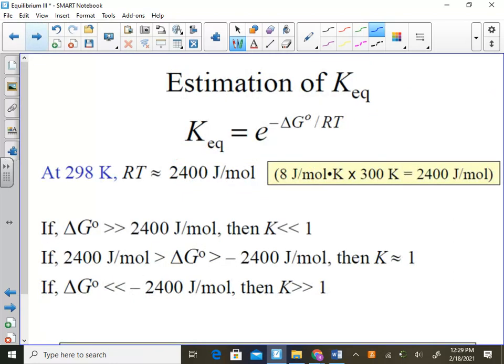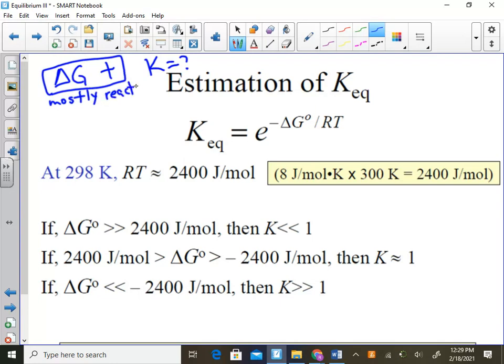Now, most of the time, you are going to estimate K from delta G. In other words, if you have a positive delta G, that means it's mostly what? Mostly reactants.